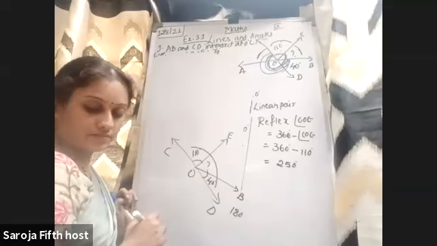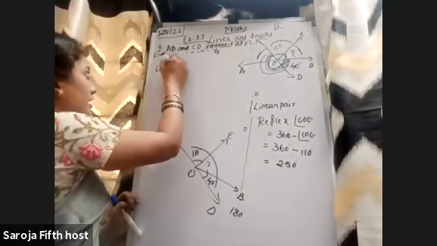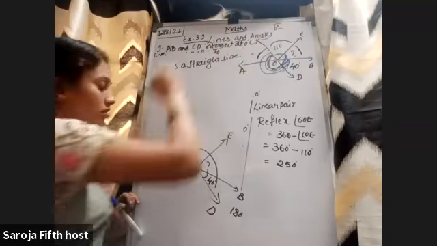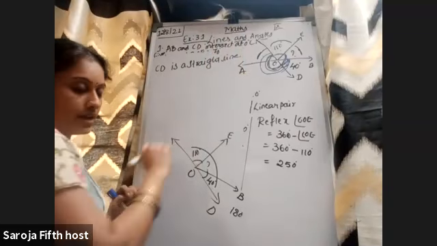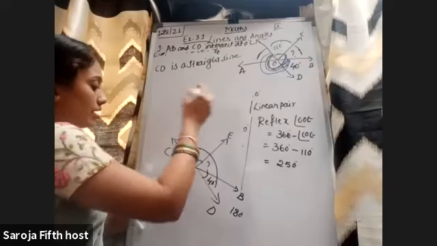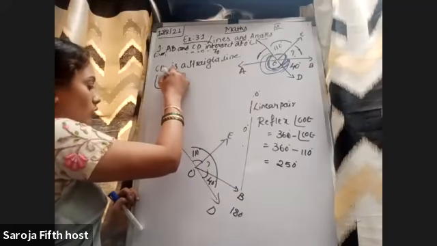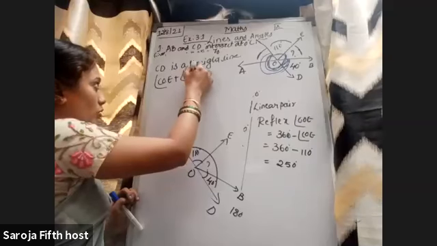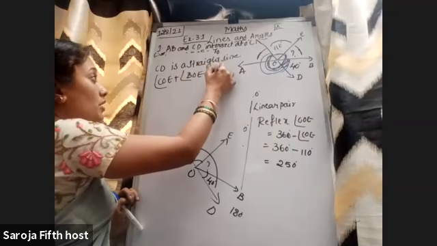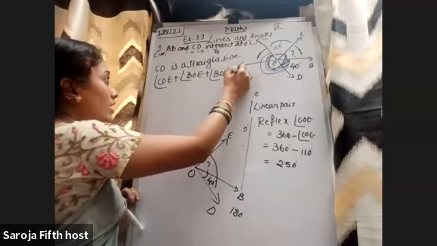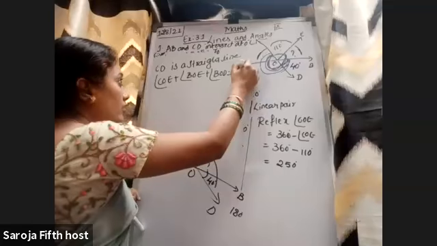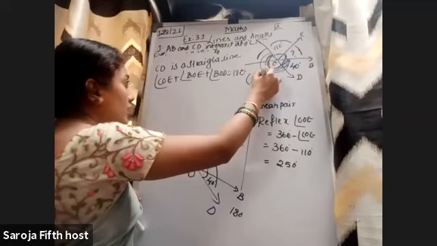CD is a straight line, so the sum will be equal to 180 degrees. So angle COE plus angle BOE plus angle BOD is equal to 180 degrees. You can write it as a linear pair.